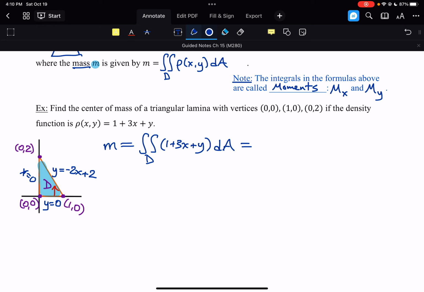So if we integrate vertically, we have 1 plus 3x plus y, dy dx. y is going from 0 up to this line, so from 0 to negative 2x plus 2. And x is setting the edge, so x goes from 0 to 1.